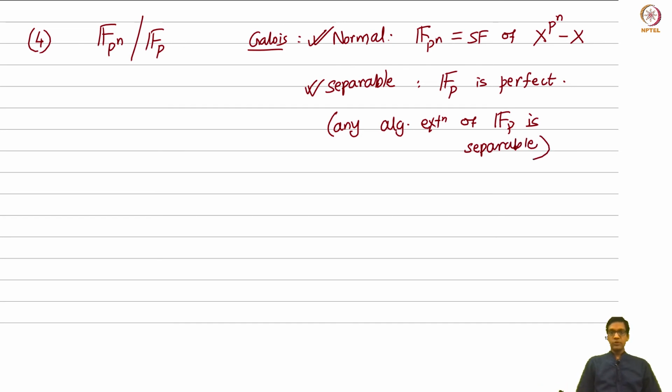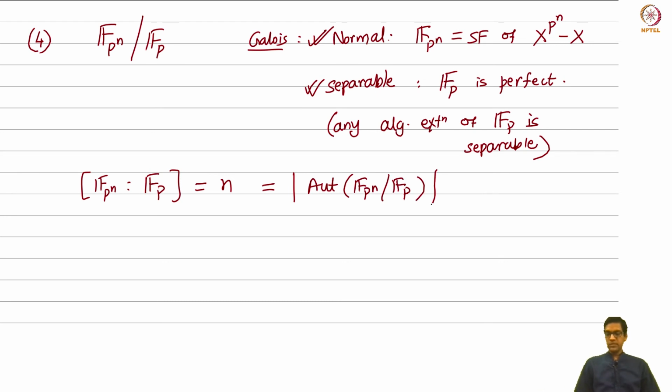So it's Galois for sure. So the question is, what's the Galois group? Well, we know F_{p^n} over F_p is an extension of degree n. Therefore the Galois group, the automorphisms which fix F_p, must have cardinality n.